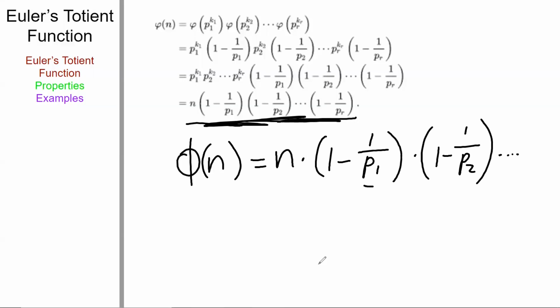And note that these things in the denominator actually have to be prime. So this equation would work for any n that's equal to p1 to a certain power times p2 to a certain power, dot, dot, dot.